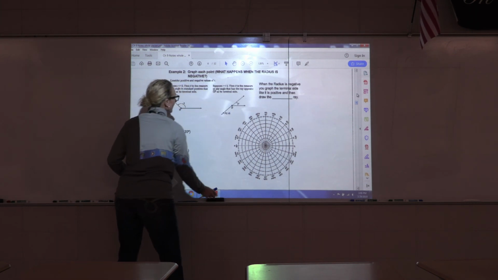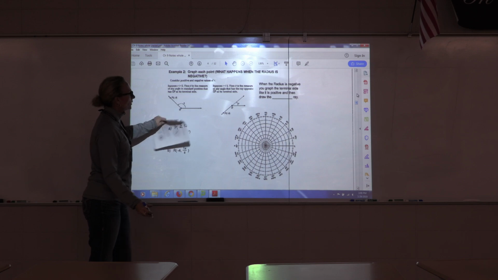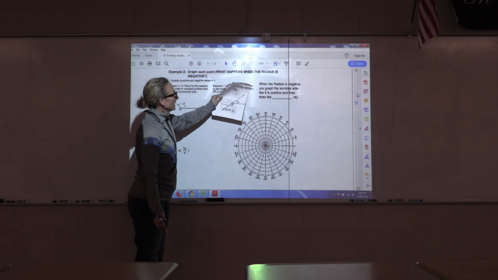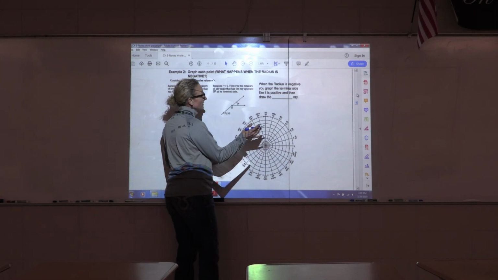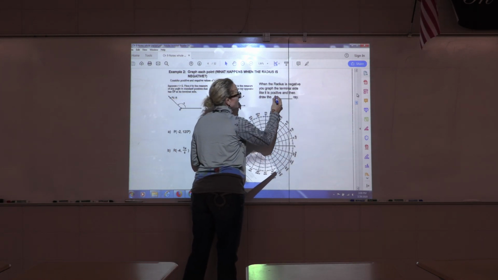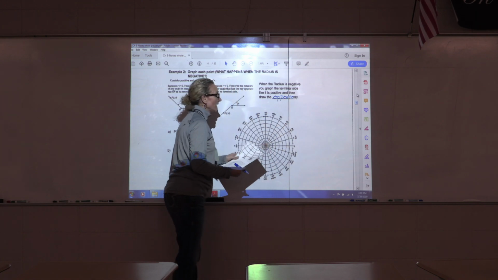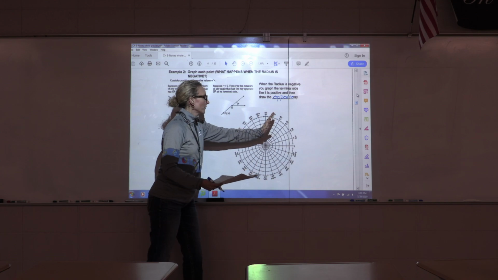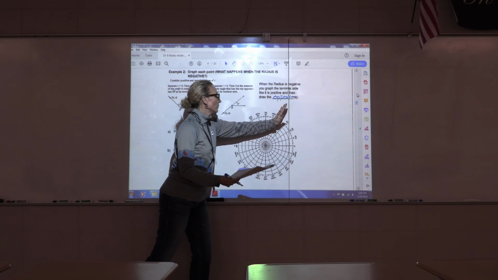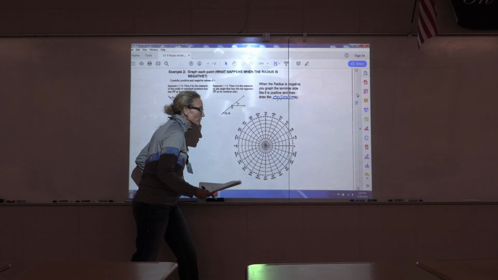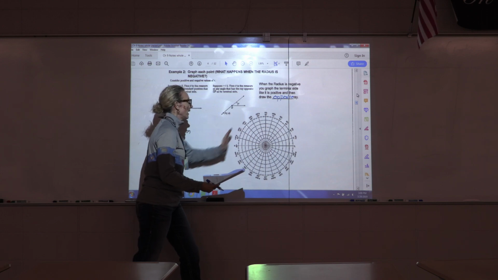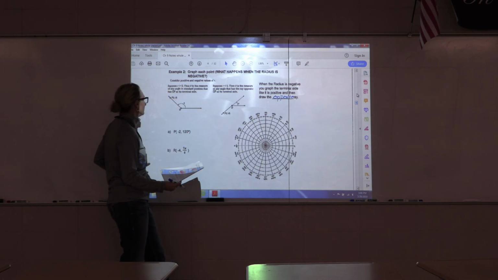If we have a negative radius, what's going to happen? You graph the terminal side like it's positive and then draw the opposite ray. It's like you're taking the terminal side, and if you're counting a negative radius, you have to go backwards on that terminal side. You have to plot the opposite ray.